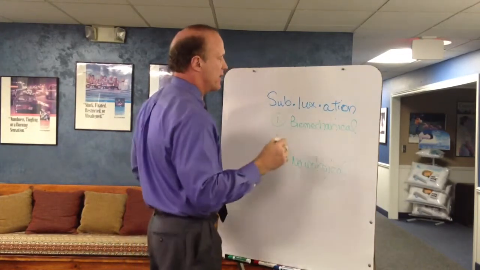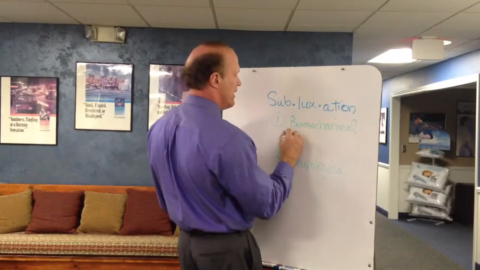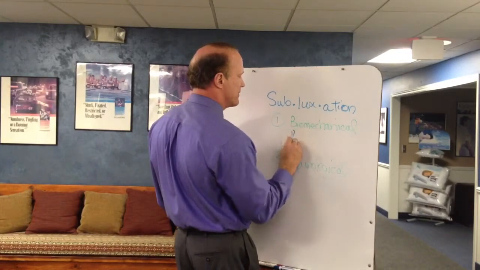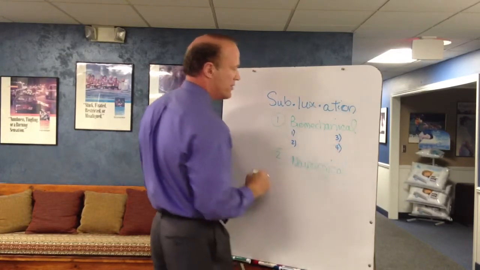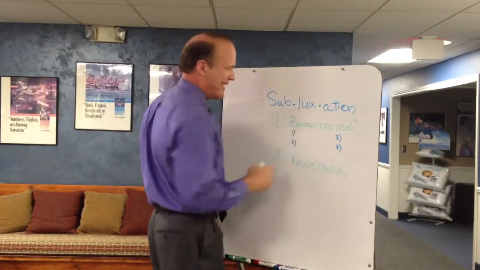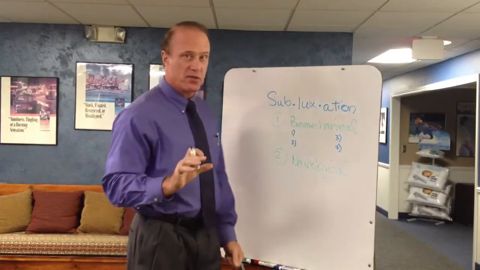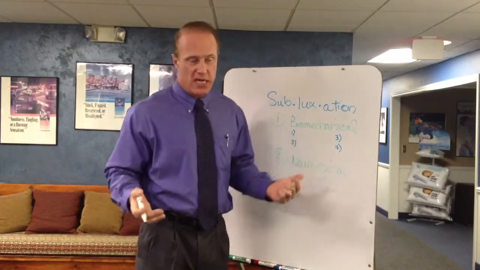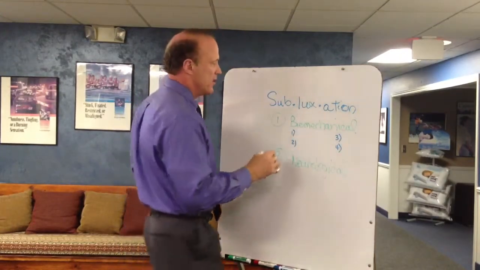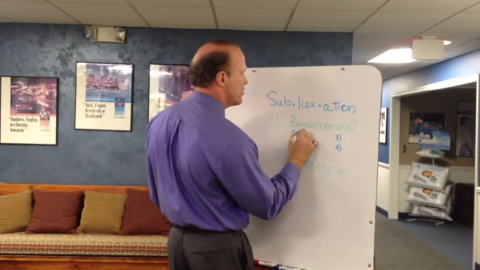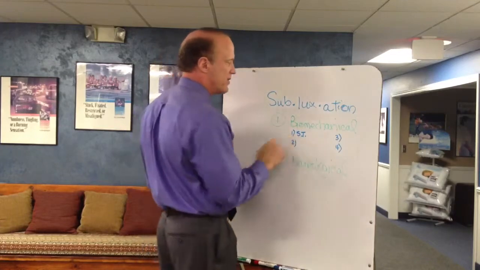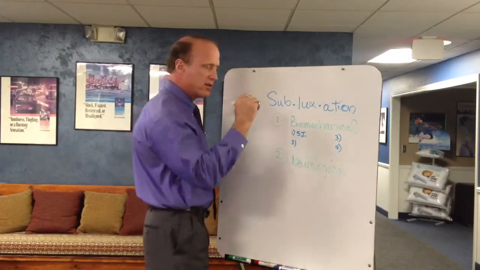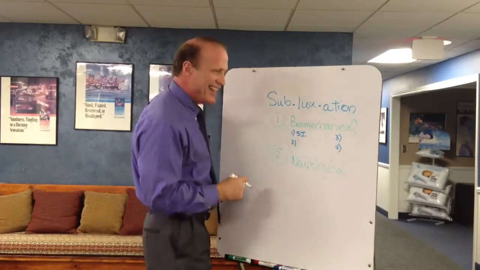Biomechanical is broken down into 4 different sections, which I'll write down and then we'll diagram. Biomechanically, when any joint goes out of position, whether it be the spine, a shoulder, a knee, a hip, it's going to cause soft tissue damage. Because of the soft tissue, that joint's going to become restricted or tight.